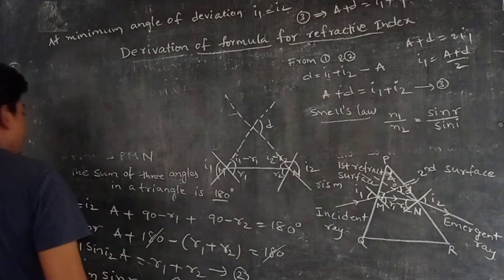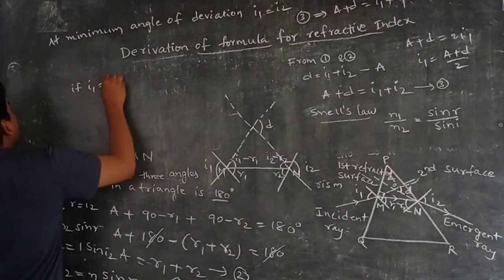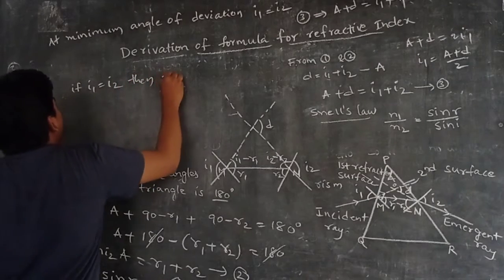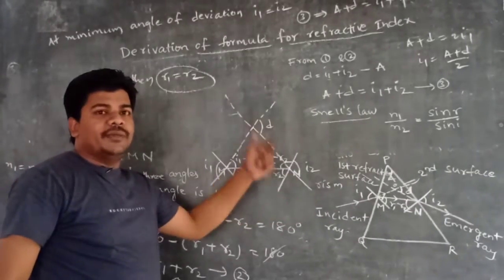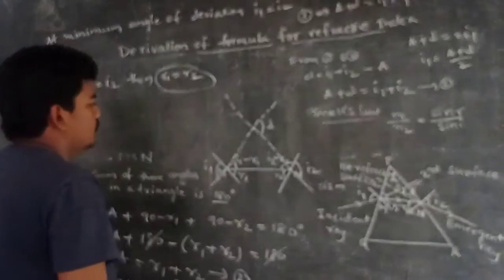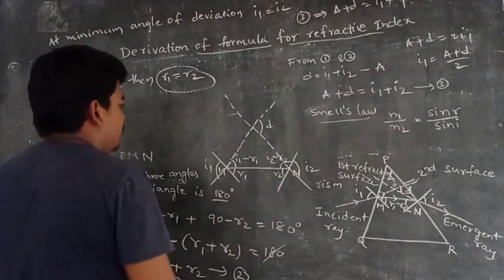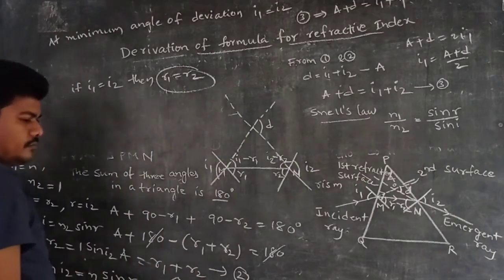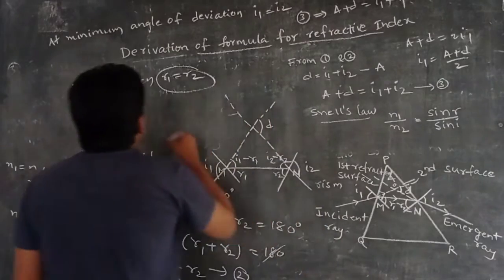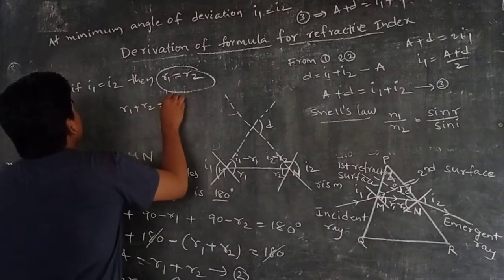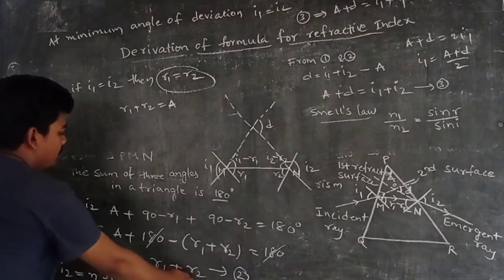Next, if I1 is equal to I2, then R1 is equal to R2. This is the condition. From equation 2 we have A is equal to R1 plus R2.